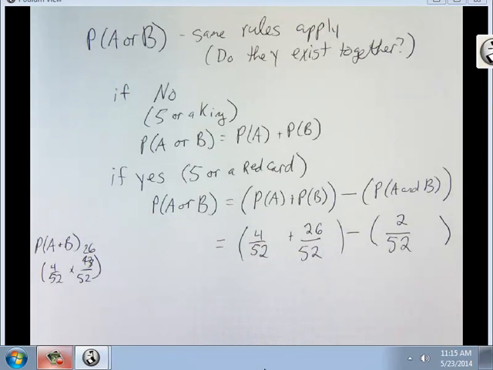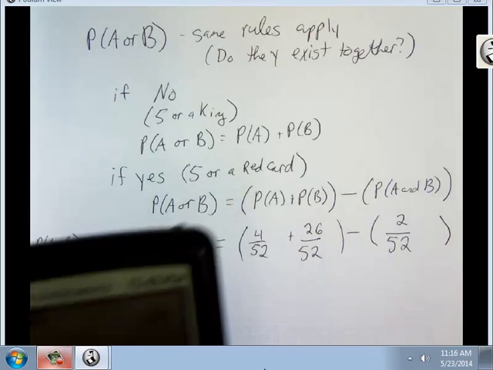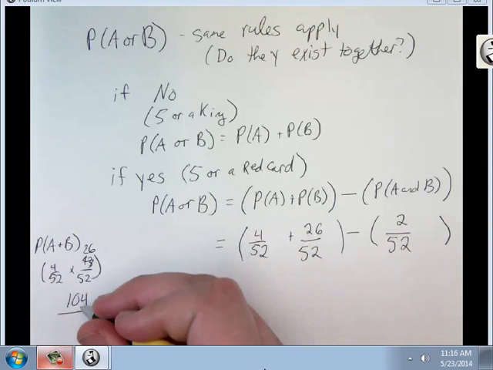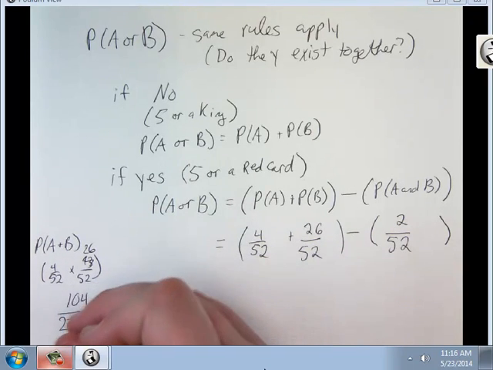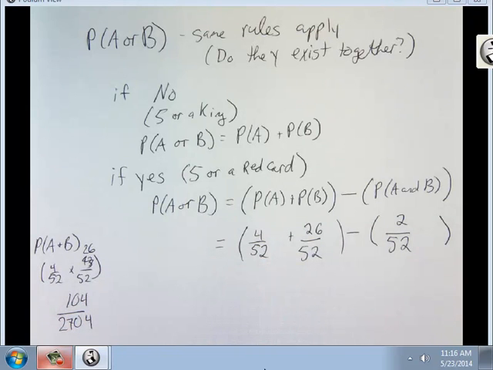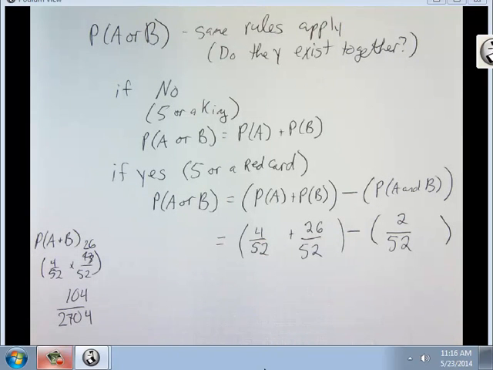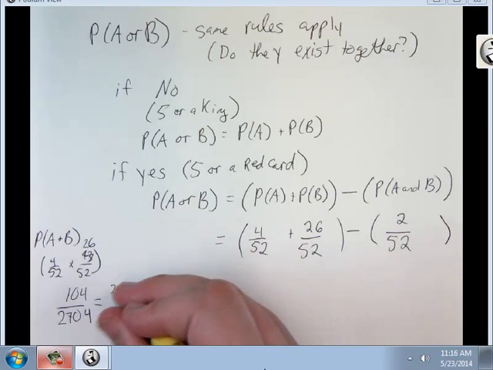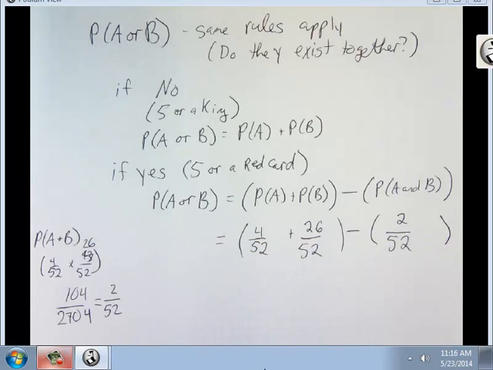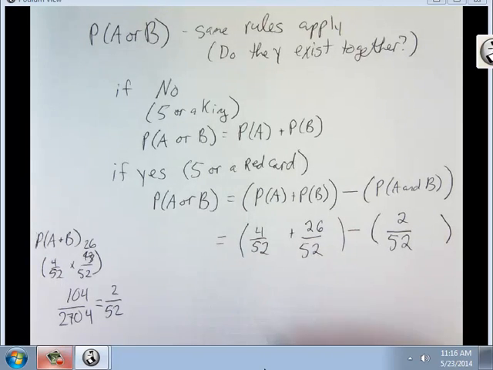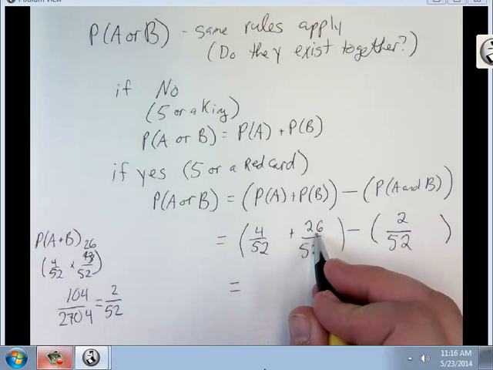Four times 26 is 104, out of 52 times 52 is 2704, which can reduce down to 2 out of 52. Really it reduces to 1 out of 26, but we want to keep things in terms of 52. So we get 4 plus 26 is 30, minus 2 is 28 out of 52.